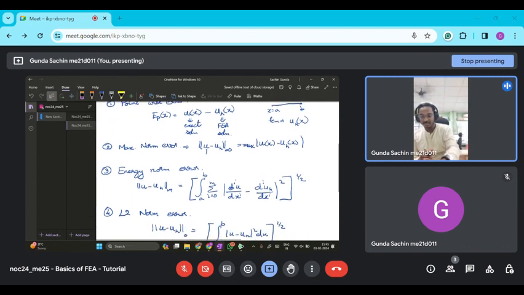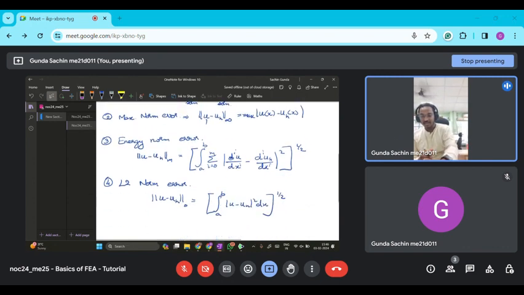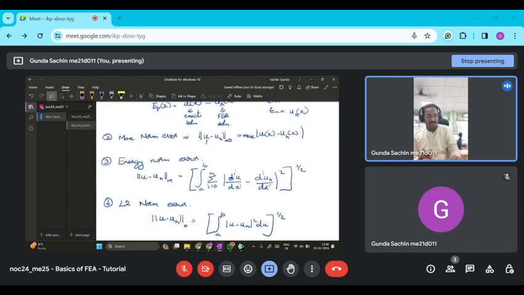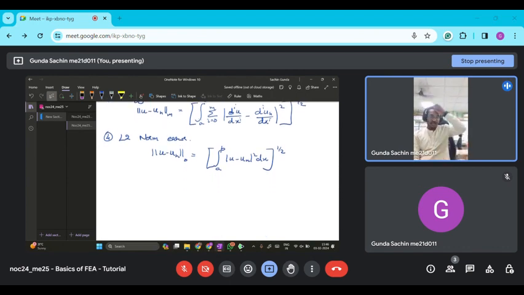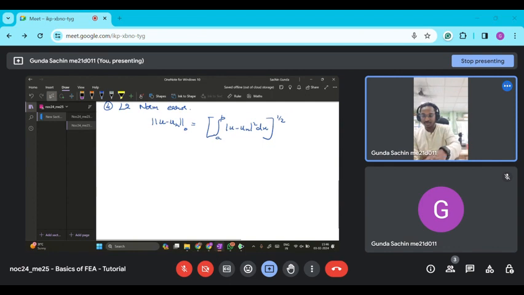So when we do FEM, we calculate one of these errors to see how much the error is, and we have some tolerances where we want to design our model within those tolerance limits. We check if the errors are within those limits, and if the errors are acceptable for us, then we proceed with the design.